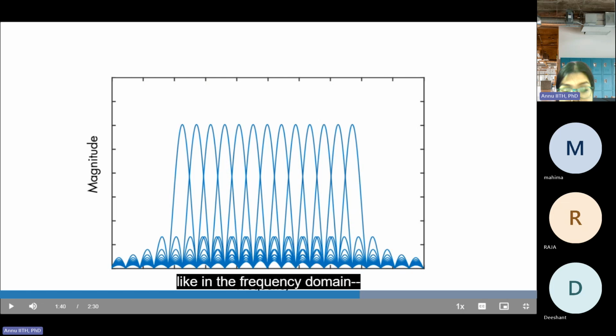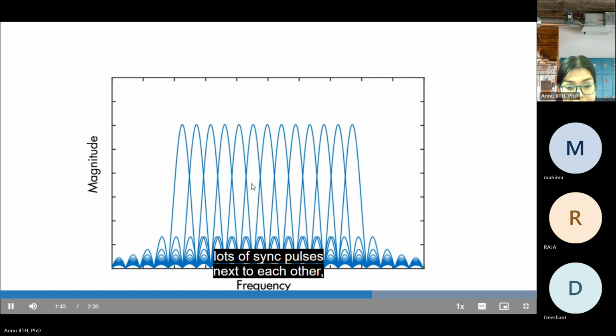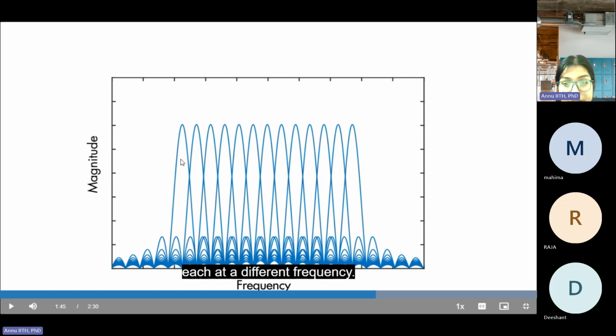That's why they don't get interfered. So this is a sinc pulse. Do you know the Fourier transform of sinc? It is nothing but a rectangular pulse. The Fourier transform of sinc is a rectangular pulse. That's why the symbols are transformed in terms of sinc.